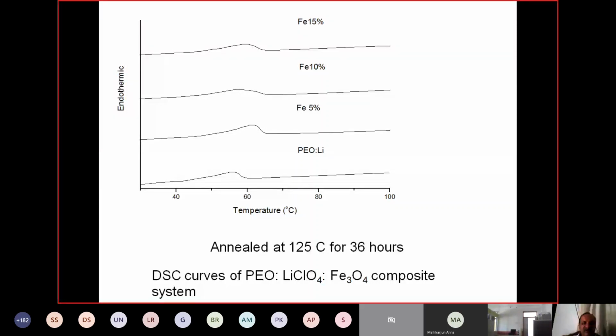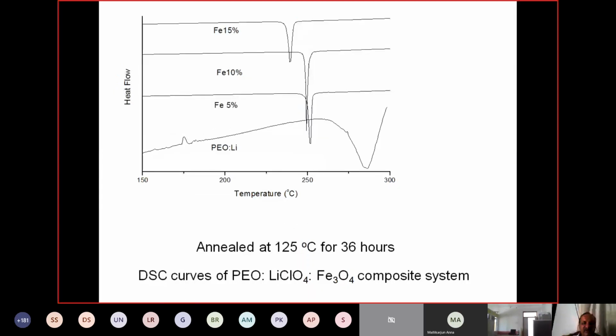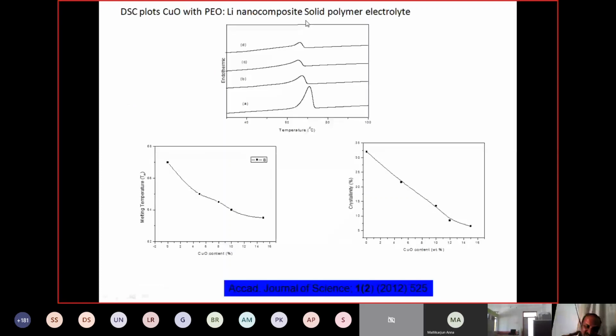You see here, DSC plots of copper oxide doped nanoparticles, that means nanocomposite. This is for the pure PEO-lithium, and with increasing copper oxide, the melting temperature is decreased and also crystallinity decreased, because when you increase the copper oxide content in the PEO-LiClO4 polymer electrolyte, the crystallinity is decreasing and the melting temperature is also decreased.